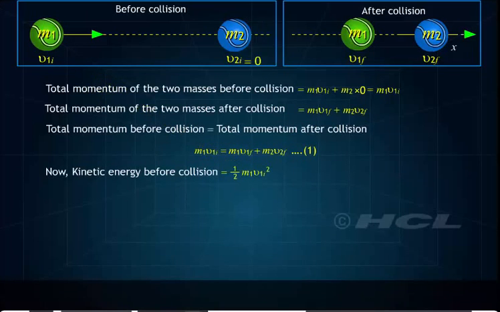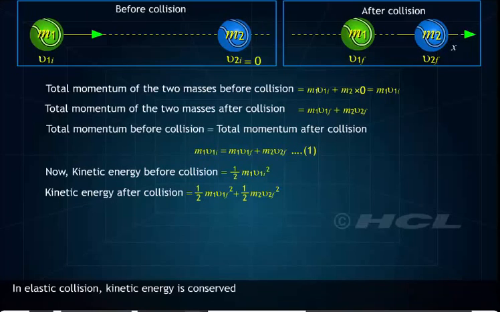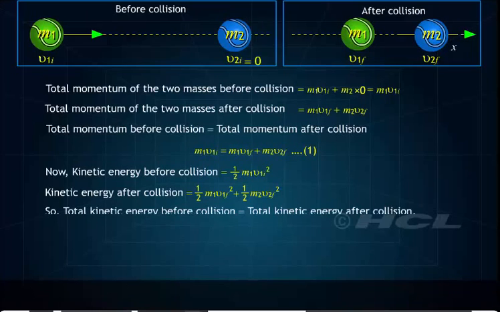Now, kinetic energy before collision equals half m1 v1i square. Kinetic energy after collision equals half m1 v1f square plus half m2 v2f square. In elastic collision, kinetic energy is conserved. So total kinetic energy before collision equals total kinetic energy after collision: m1 v1i square equals m1 v1f square plus m2 v2f square.